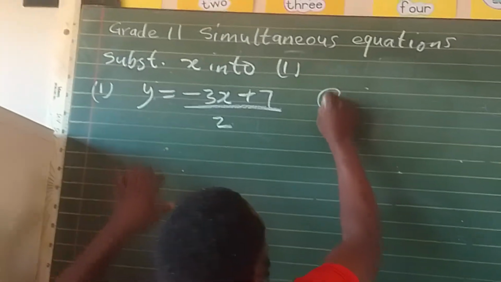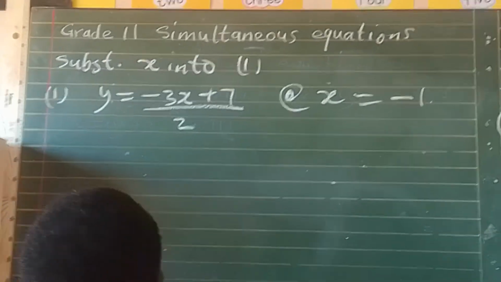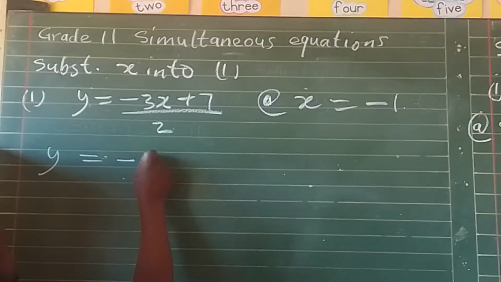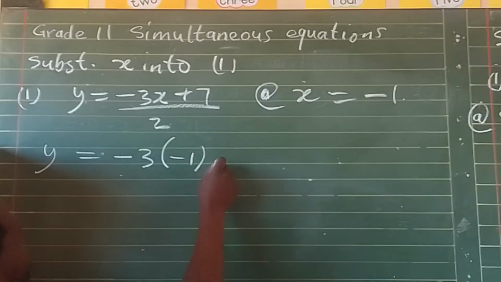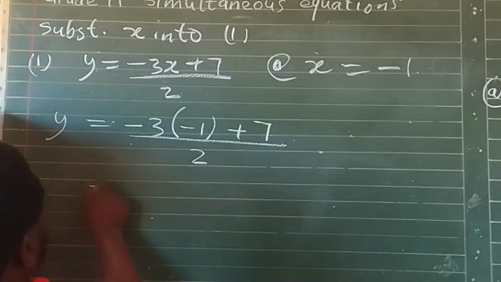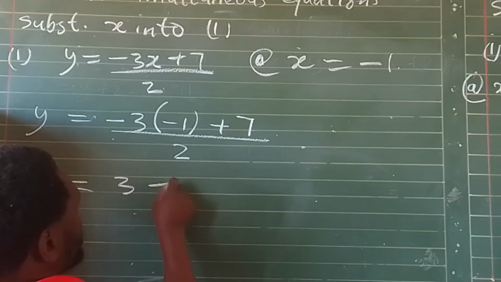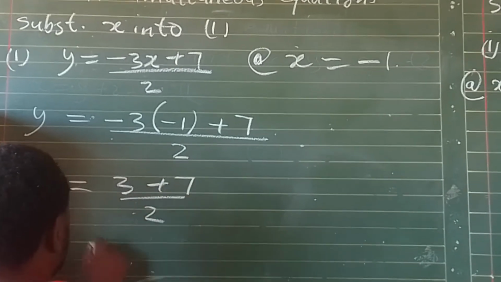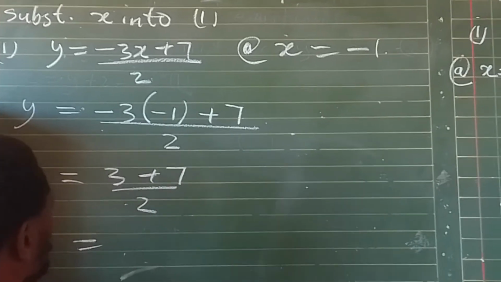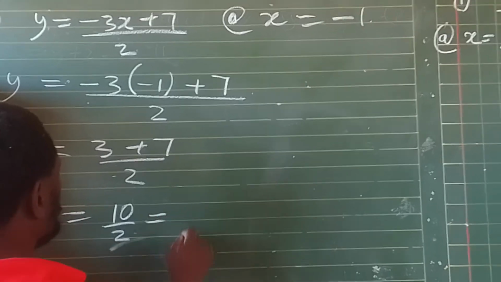Now we are going to use x equal to minus 1. Then your y is going to be minus 3 times minus 1 plus 7 all over 2, which is going to be a positive 3 plus 7 over 2, which is 7 plus 3, it's 10 over 2, which is 5.